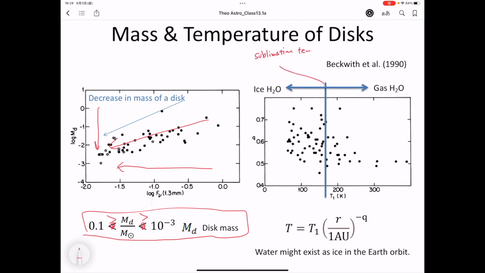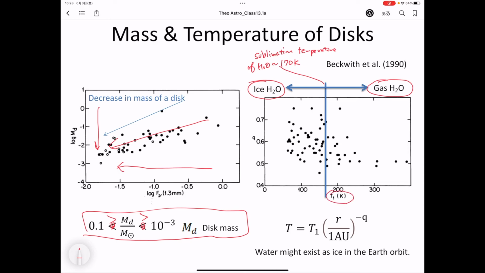The sublimation temperature of H2O is about 170 kelvins. So this vertical blue line shows the sublimation temperature of H2O. At lower temperatures, H2O is ice, and at higher temperatures, gaseous H2O. The temperature at 1 AU is given by the T sub-bands.